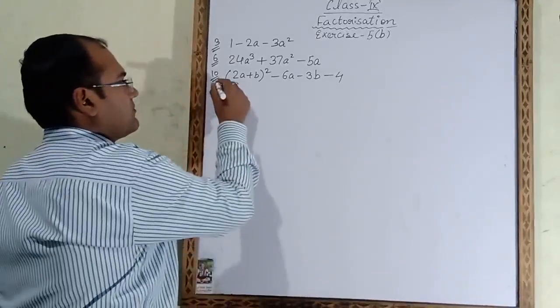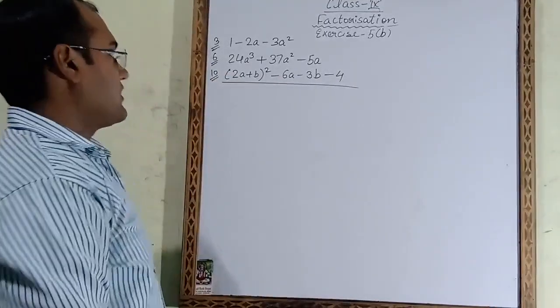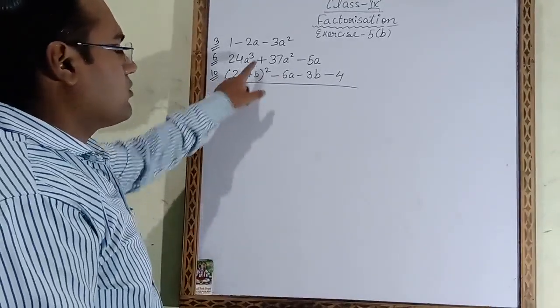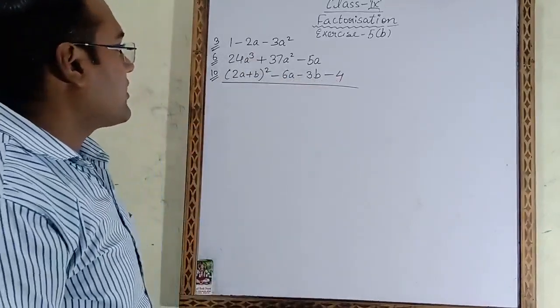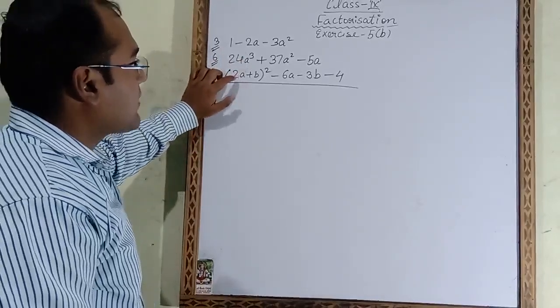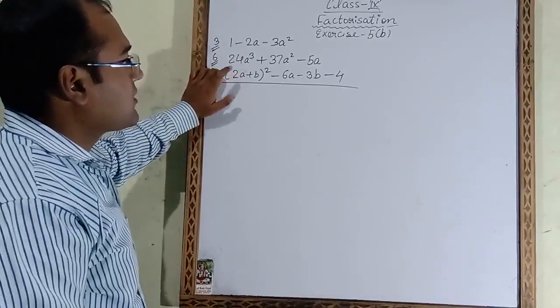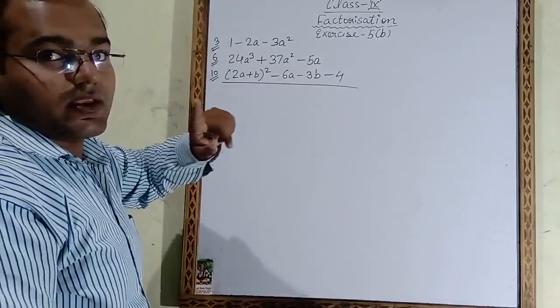Question number 10. In this question, what is given here? 2a plus b whole square minus 6a minus 3b minus 4. So what you have to do, first of all, here we have to open this bracket, or we can do one thing.